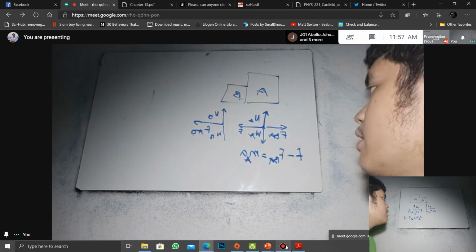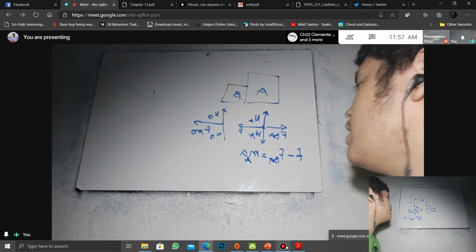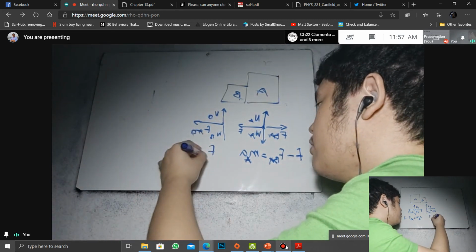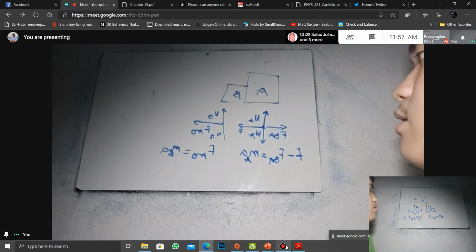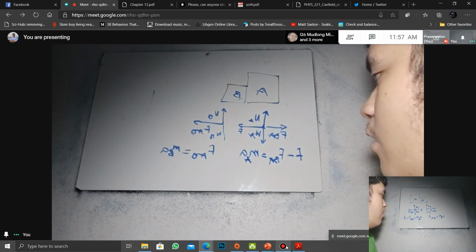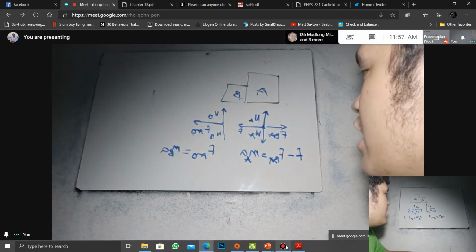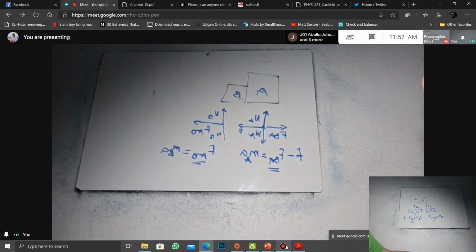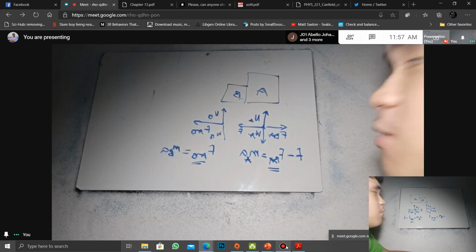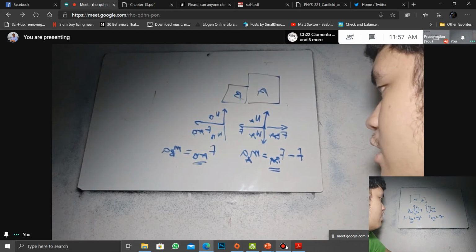Next, for B, FAB equals MBA. By Newton's third law, FBA and FAB are equal. Okay? They are equal.